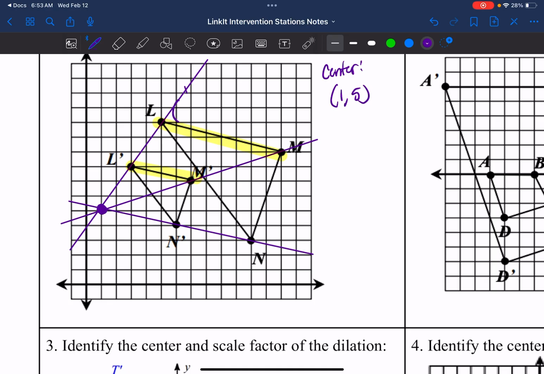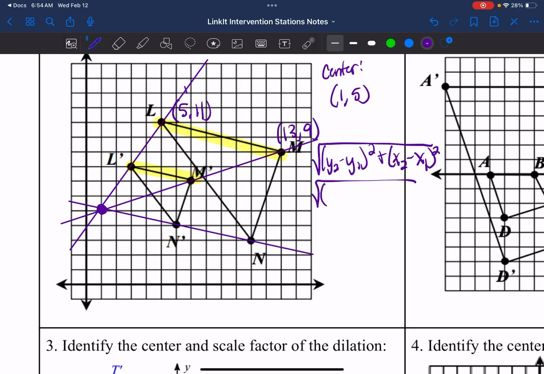For L, it's (5, 11), and for M, it's (13, 9). I'm going to plug these numbers into the distance formula, which is the square root of y2 minus y1 squared plus x2 minus x1 squared.